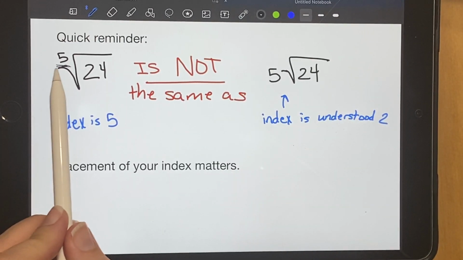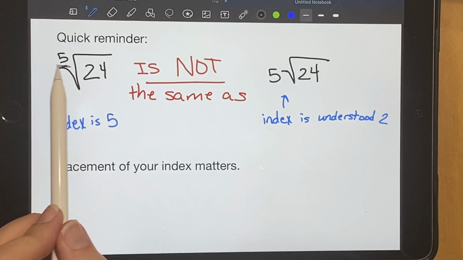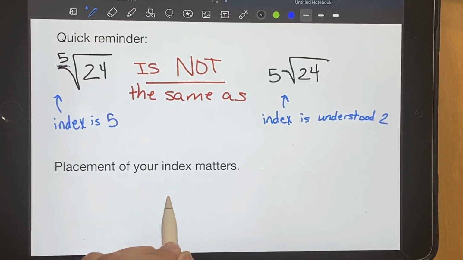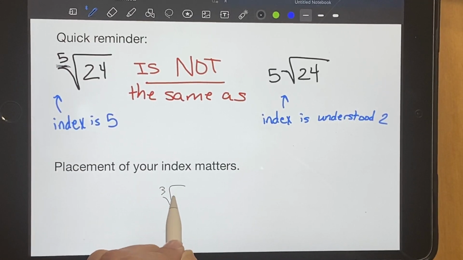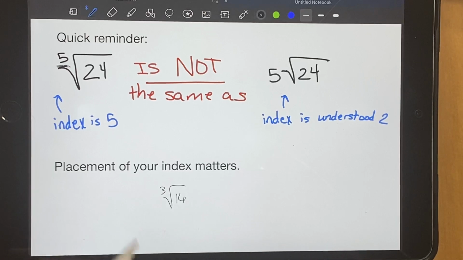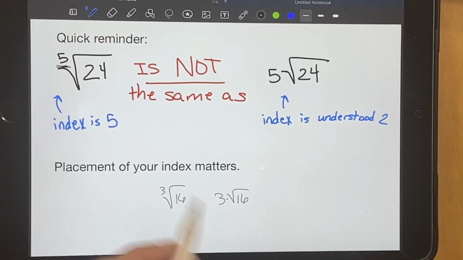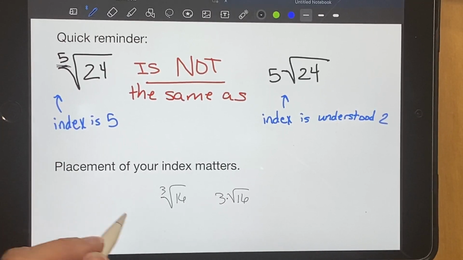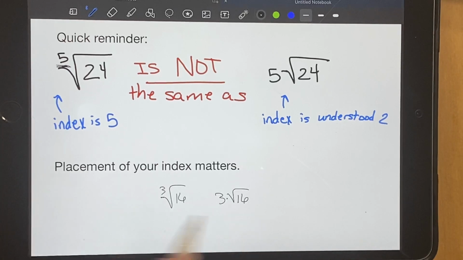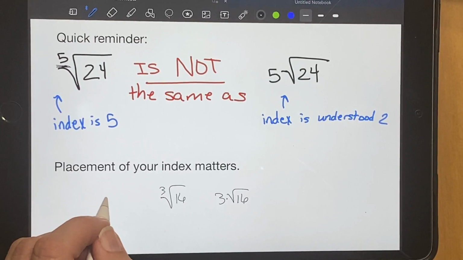So make sure that your placement matters, that if you have a cube root of 16, you are not writing it like that, because this is 3 times the square root of 16 versus the cube root. I know that I don't have the best handwriting.